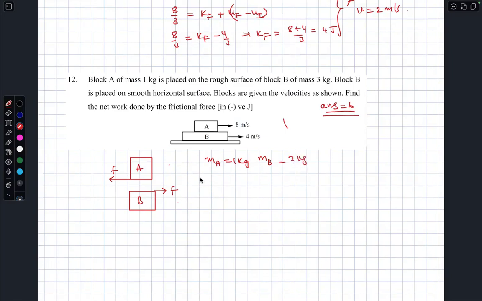What is the total momentum of the system initially? 1 into 8 plus 4 into 3. What is the final? They will have common velocity V common. 8 plus 12, 20. 20 by 4, 5 meter per second. Boys and girls, do you have any doubt related to this?